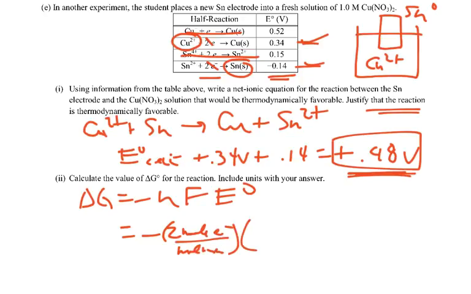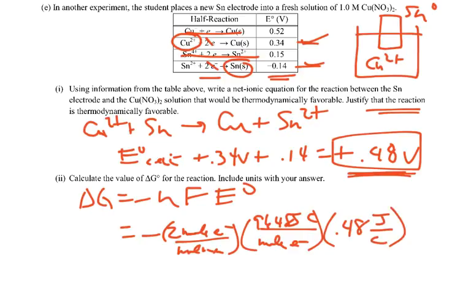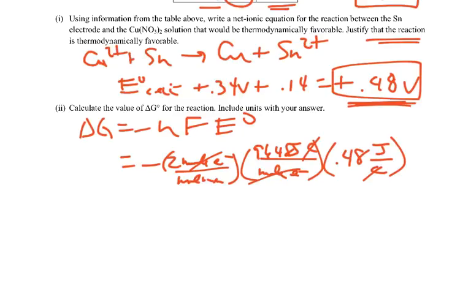Faraday is 96,485 coulombs for every mole of electrons. And the E0 is what I just figured out, positive 0.48 volts, which is joules per coulomb. So coulombs drop out, moles of electrons drop out, so I'm going to get joules per mole of electrons.